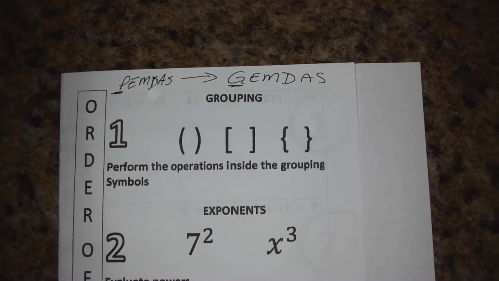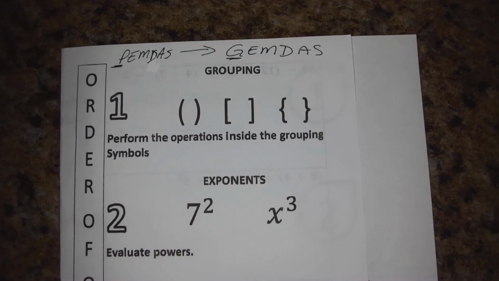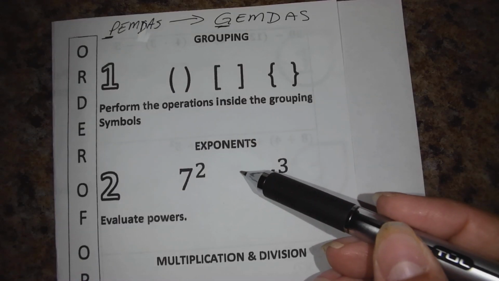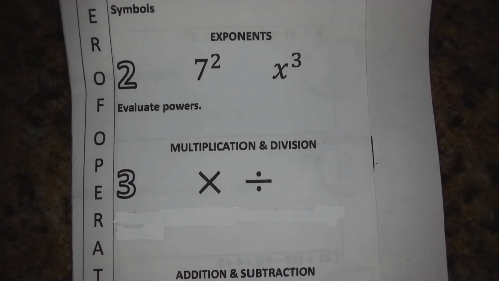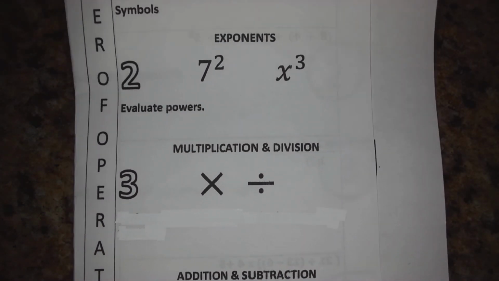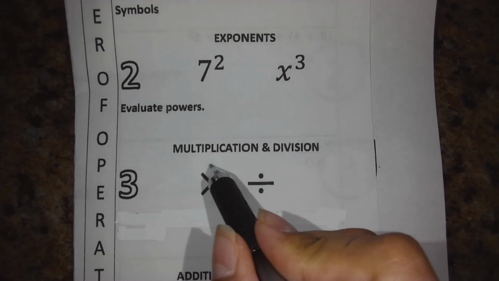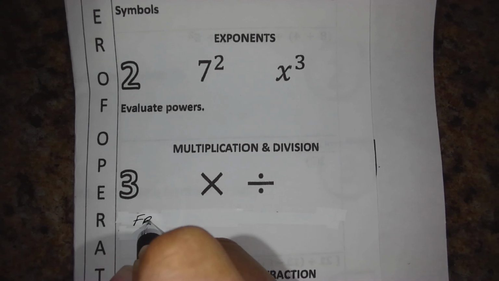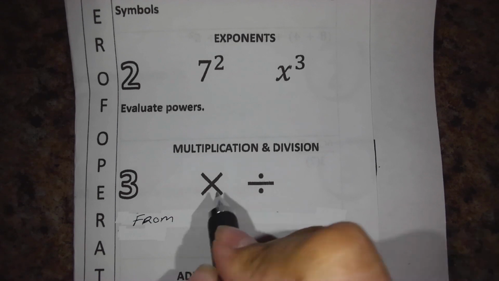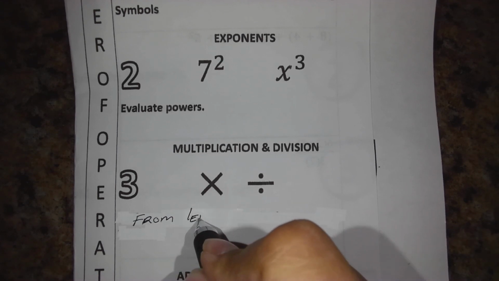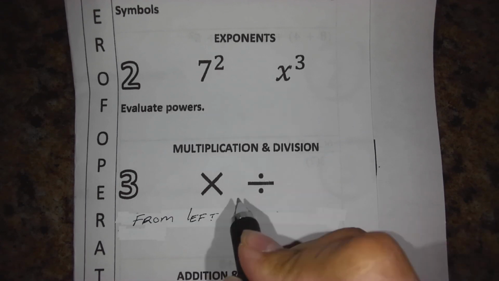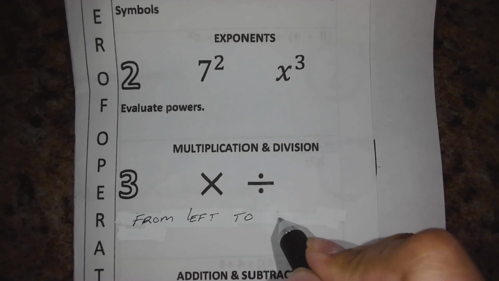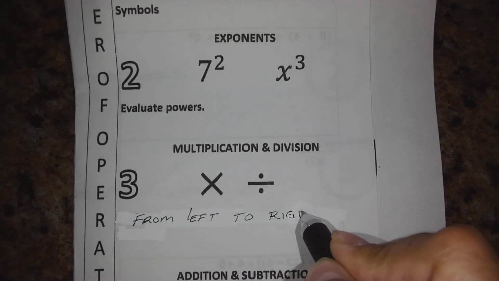So grouping, generally GEMDAS. We still have exponents, where we evaluate the powers. Multiplication and division is where maybe there was a little bit of what I call confusion for some of us. So that's okay. Multiplication and division, and this is done from left to right.